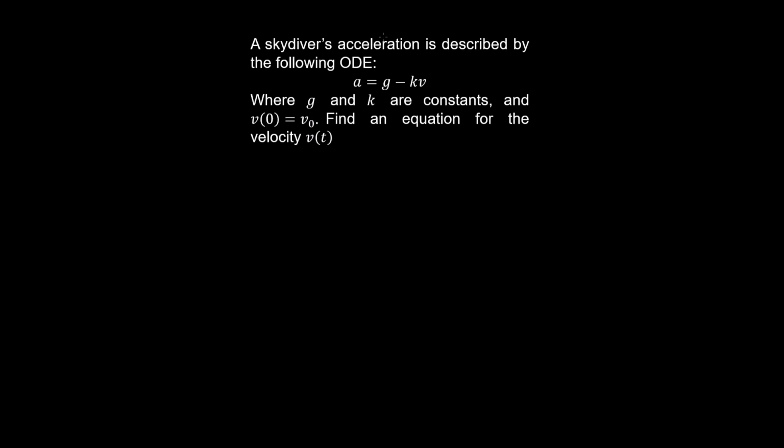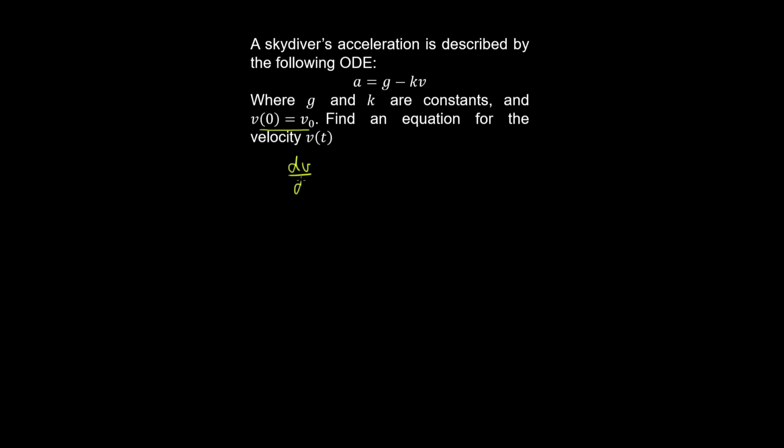A skydiver's acceleration is described by the following ODE, where g and k are constants, and we have an initial condition that the velocity at time 0 is 0. Find the equation for the velocity as a function of time.